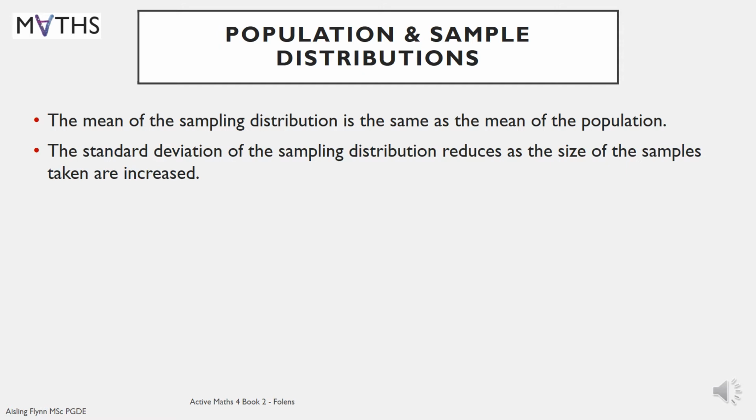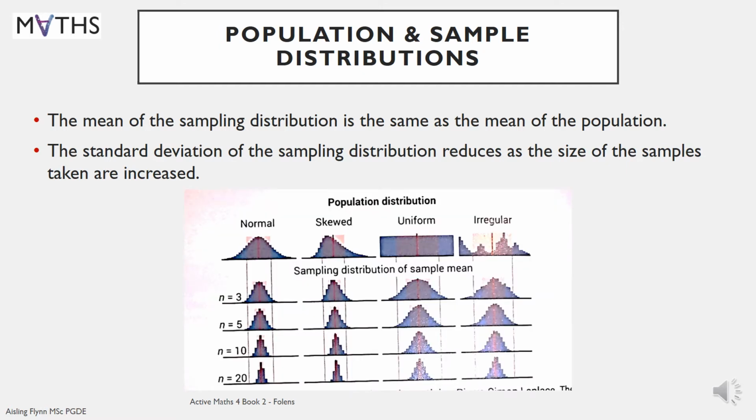So let's look at a picture. This is taken from your textbook. I think it explains it well. Firstly, let's look at the full population, 100% of the data. We've seen before what a normal distribution is. It's symmetrical left and right, and you'll find the peak, or the mean, shown by this red line, is in the center.